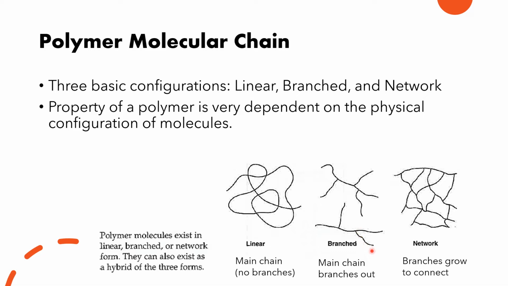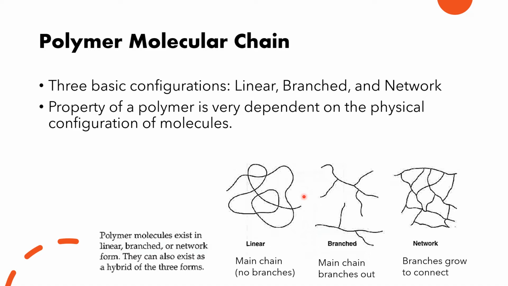So the main chain branches out. For network, see these branches right there, they grow and then they connect to each other. So you can see like a mesh right here, like a network. They can also exist as a hybrid of the 3 forms.